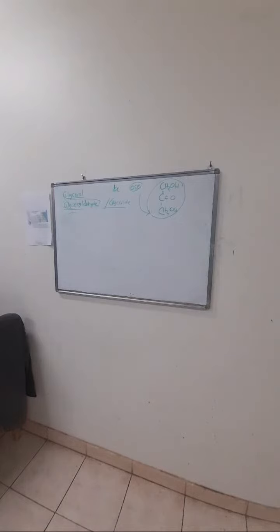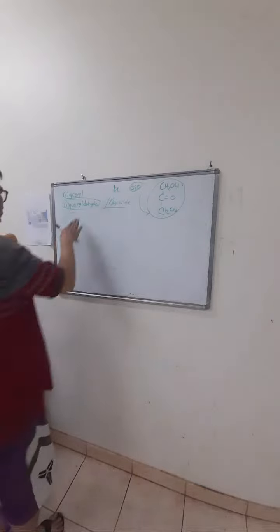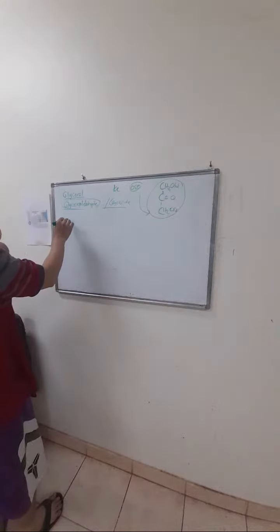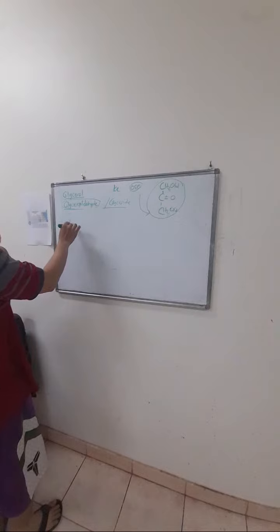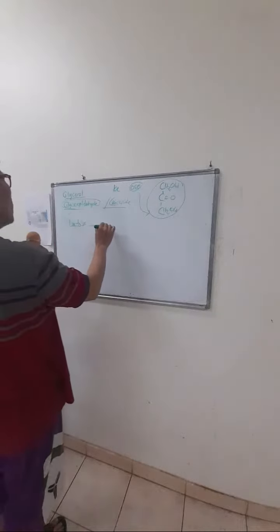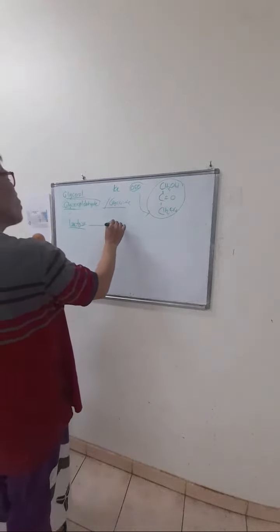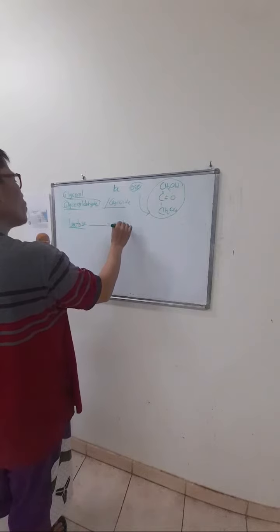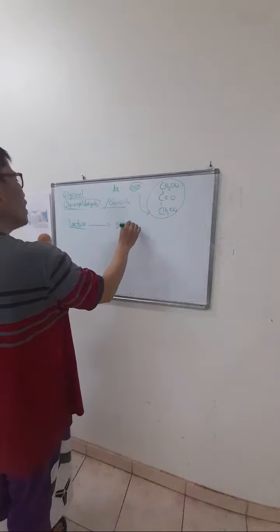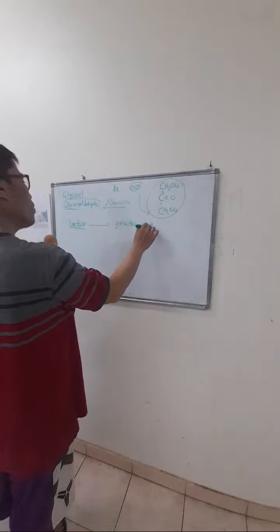Let's find the truth. Where is the formula of lactose? So, if we start with lactose, this is the milk from the cow, or any milk, right? Lactose will be converted to galactose and glucose. Galactose plus glucose.